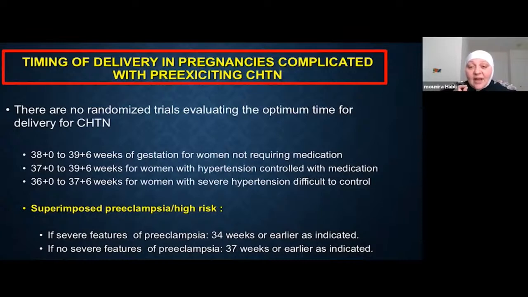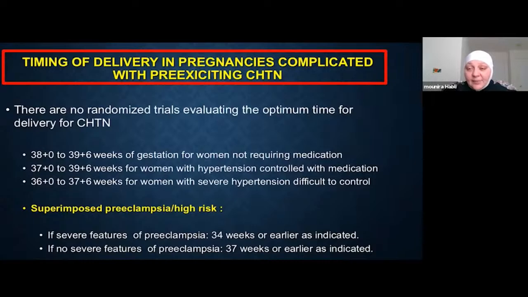If they have hypertension that is severe and difficult to control, delivery at 36 to 37 weeks, unless they need to be delivered earlier. All of these are unless indicated to be delivered earlier. If a chronic hypertensive patient develops preeclampsia with or without severe features: if severe features are present, then delivery at 34 weeks or earlier as indicated.